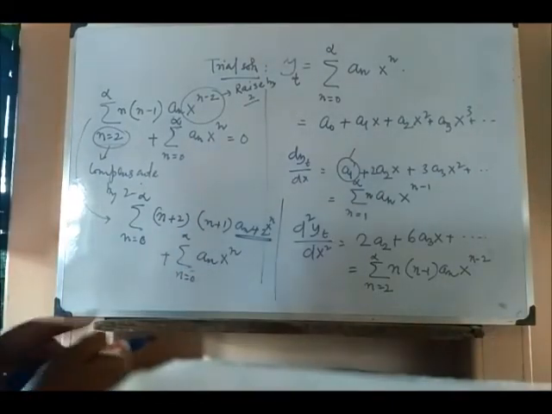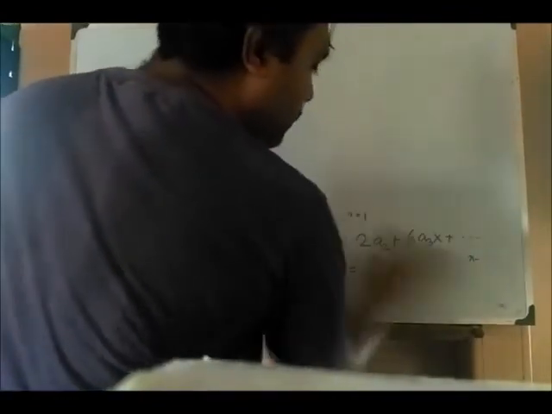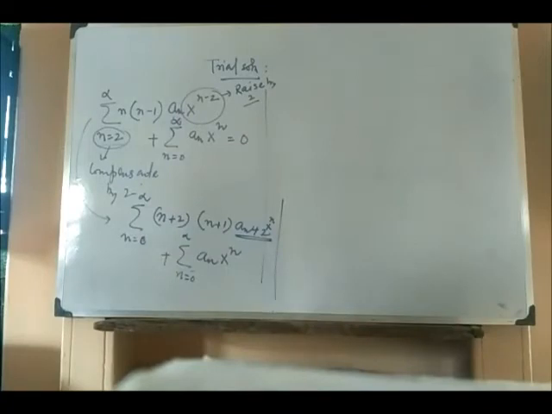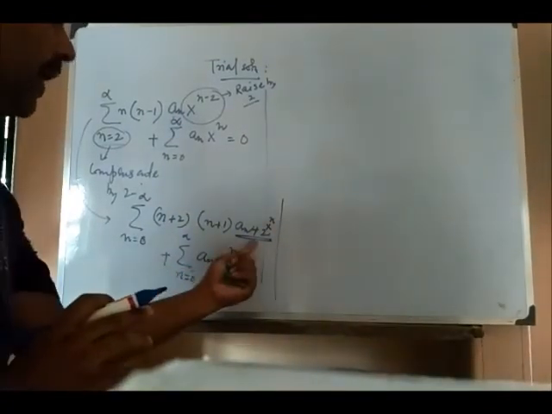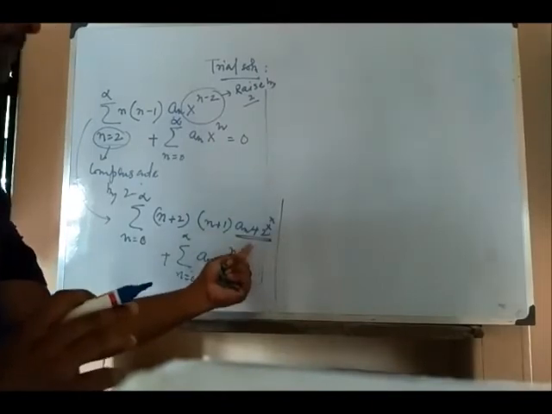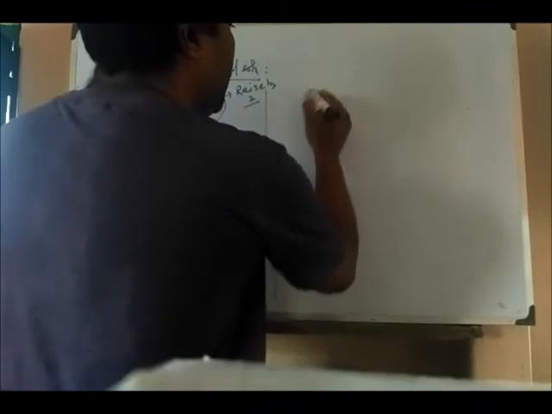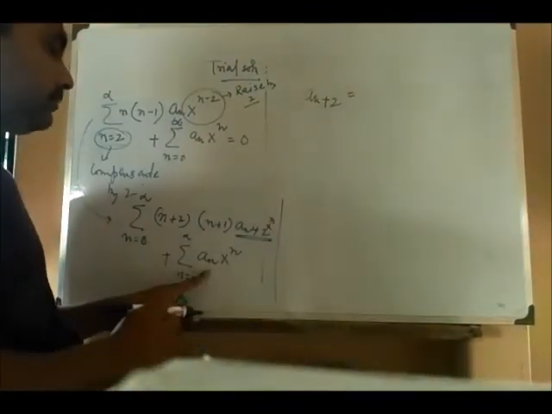So by applying these things, we have a very well-behaved relation between two coefficients, that is a_n and a_{n+2}. So what is the form of this a_{n+2} in terms of a_n?